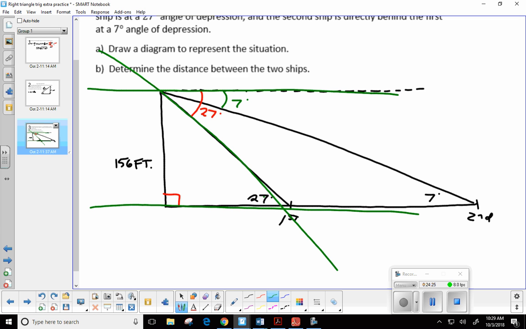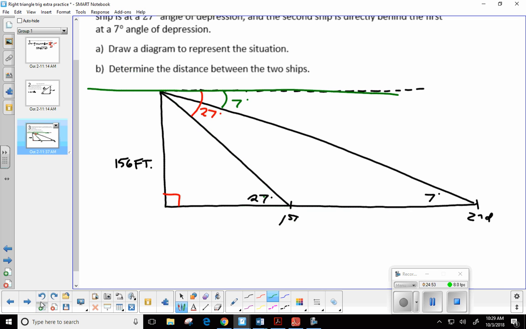Do you guys remember same side interior, coinciding, all that? These 27s, what are they? Not corresponding. They're not in the same position. They're alternate interior. If they were outside the lines being intersected, then they would be alternate exterior. So by that geometry principle, we know those base angles, and I have everything I need.